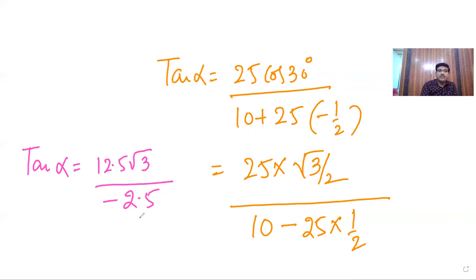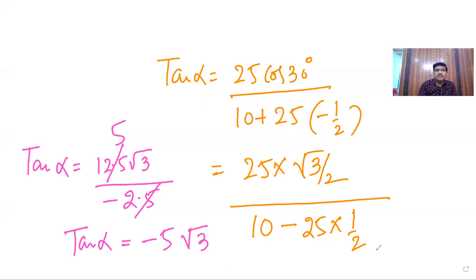Clear? Minus 2.5. 10 minus 12.5 is minus 2.5. Now 12.5 root 3 divided by 2.5, that is 5 root 3. That is tan alpha is minus 5 root 3. So alpha is tan inverse of minus 5 root 3.